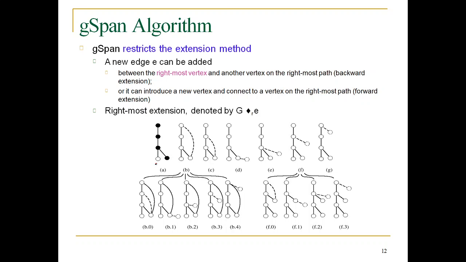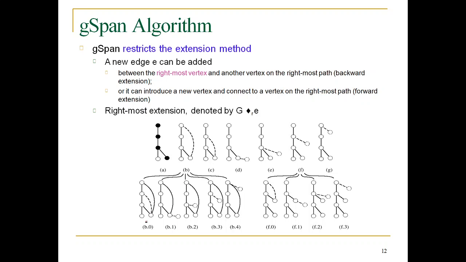But not to the left path. So this is the tree that we have, and we can have the graph in this manner. Either we are going to join in this pattern. Whenever you join in the backward direction, this backward direction can join in several places, that is, here B can be extended.